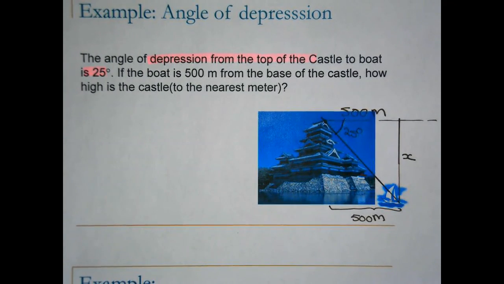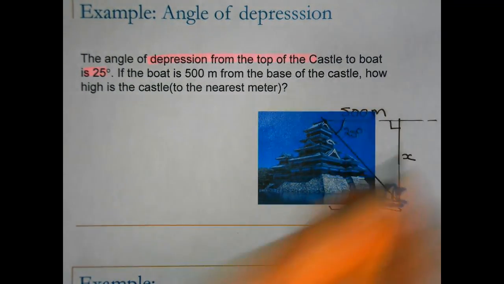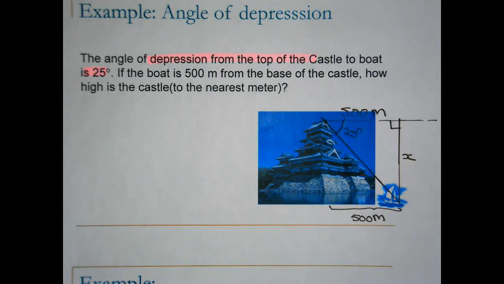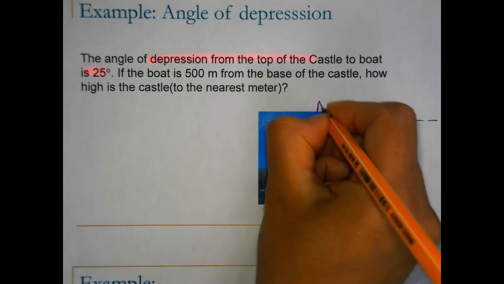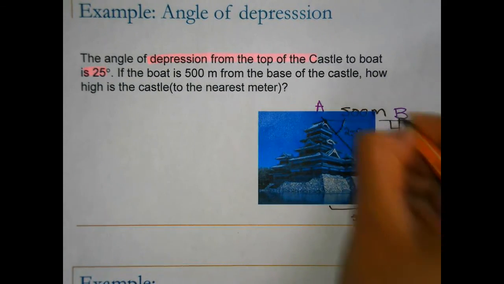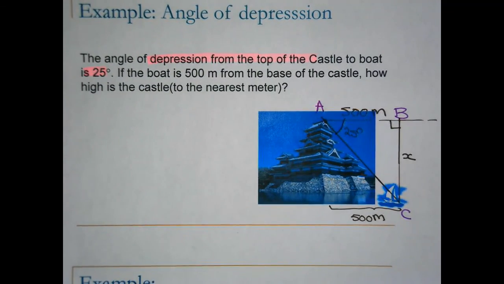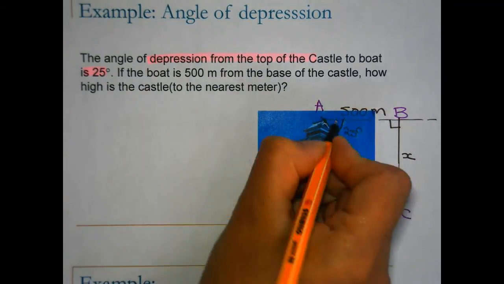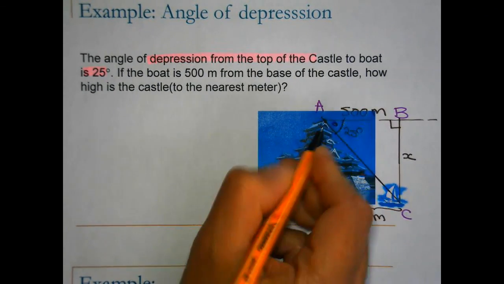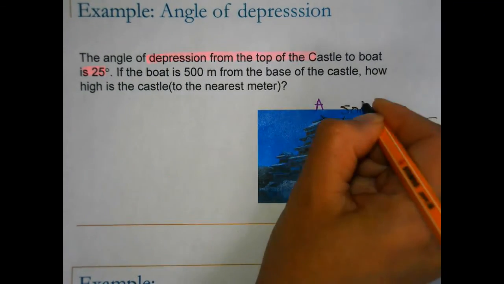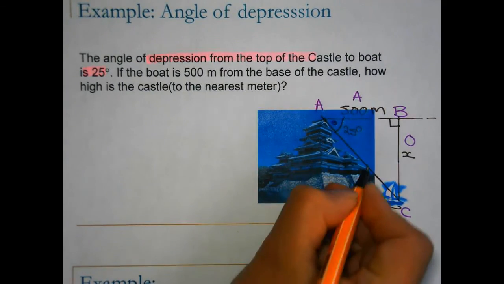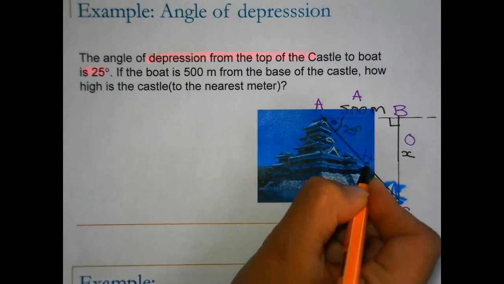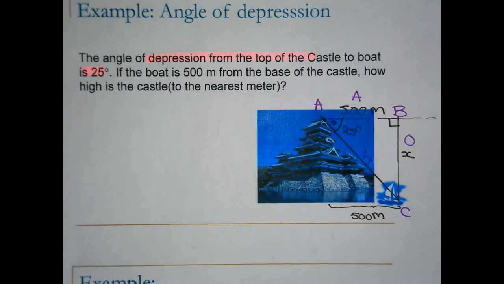So now we have our triangle here, and we are ready to do our work. So A, B, C. We have this angle A, so we label opposite, adjacent. So this is going to be the hypotenuse, opposite the right angle.